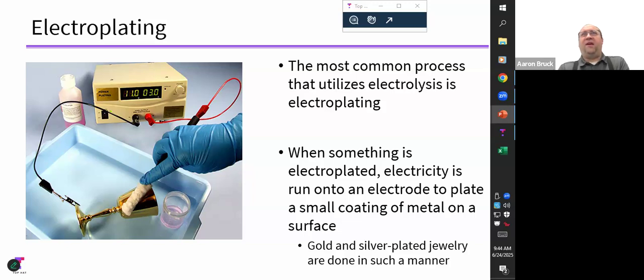If you've heard of gold plating or silver plating, that's basically the process that was being done in those cases. It puts a small surface of whatever metal it is on top of the metal that it's made out of to give it that gold or silver look.